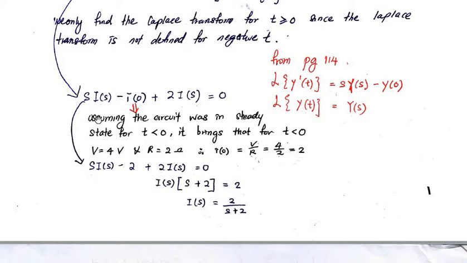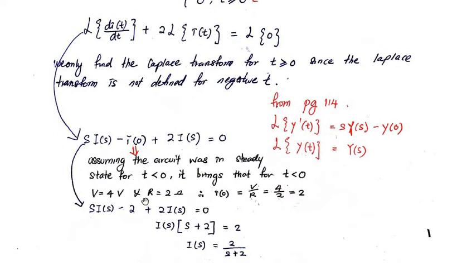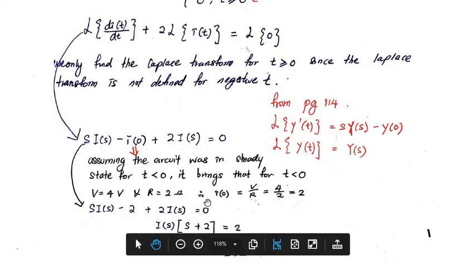For I(0), assuming the circuit was in steady state for t less than 0, v equals 4 and R equals 2. So I(0) is V over R, which is 4 over 2, so I(0) is 2.